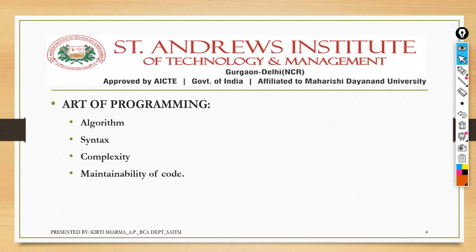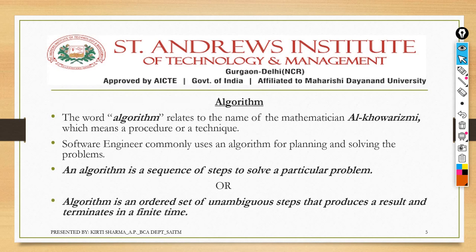It should be in readable form. Whatever we have written should be easy to understand. So it is also important to maintain the code in a better manner. In that order, first we have to discuss the algorithm, and after that we will continue with the remaining steps.